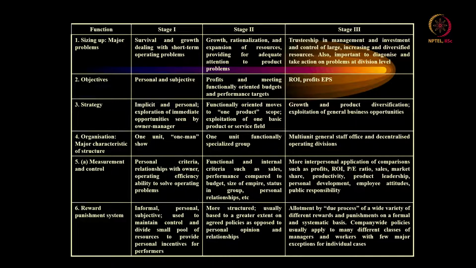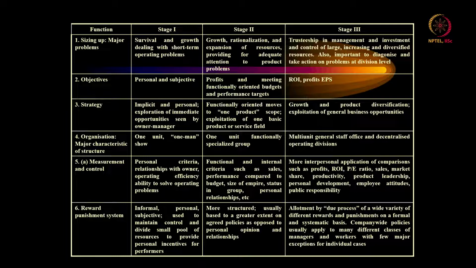Stage 2, functional and internal criteria, if you go back to the slide, such as sales, performance compared to budget, size of empire, status in group, personal relationships, etc. So, all these things come into play in stage 2.